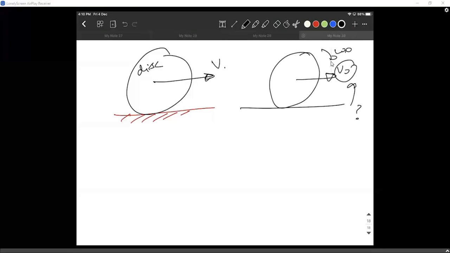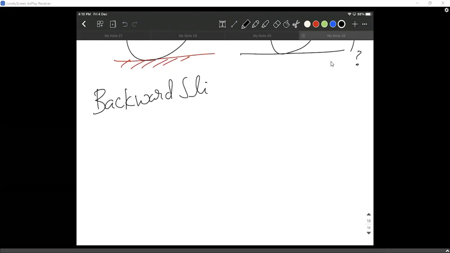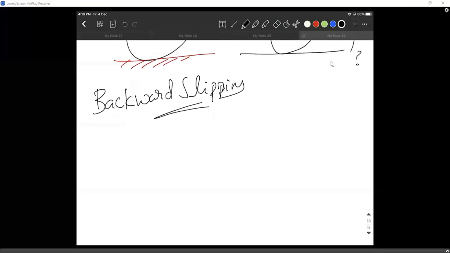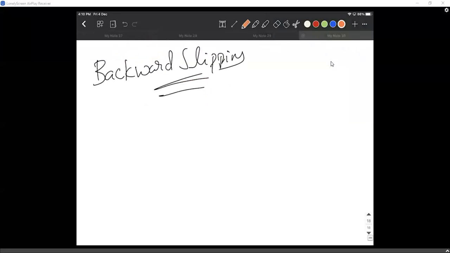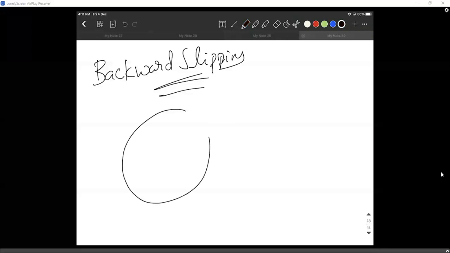Okay. Let us talk about backward slipping now. Can somebody tell me what backward slipping is? Omega is more and V is less.